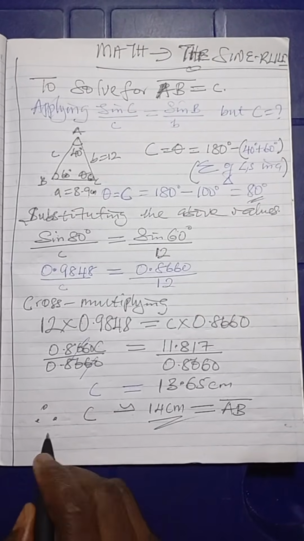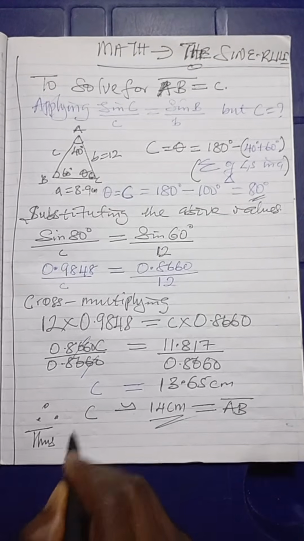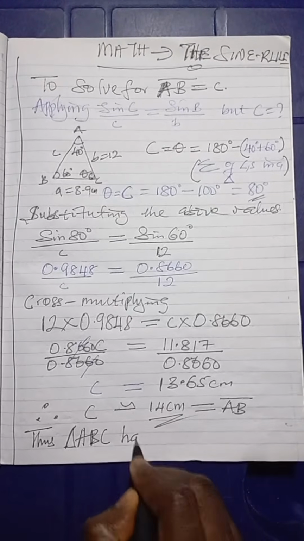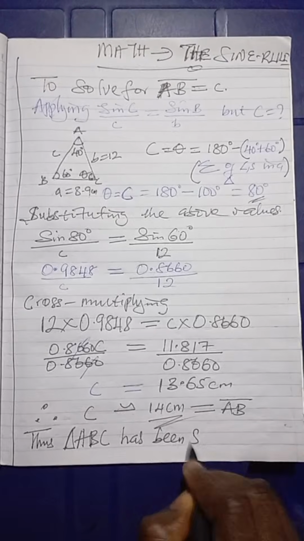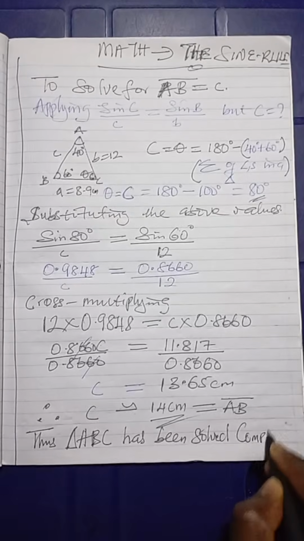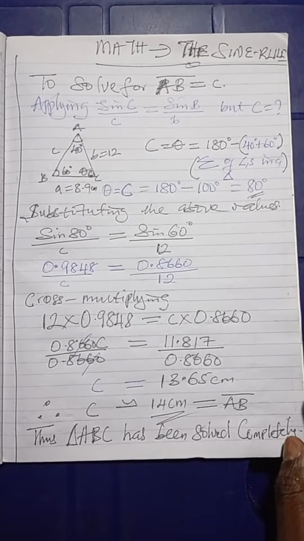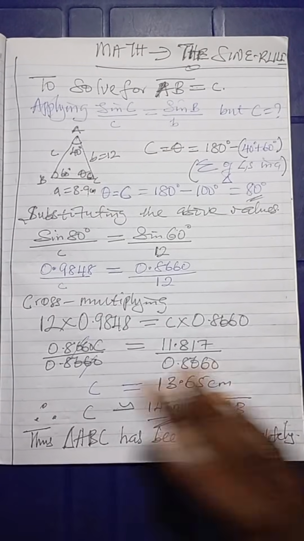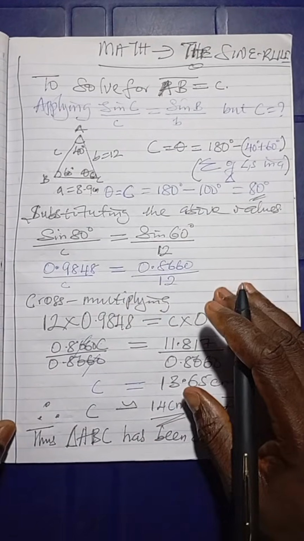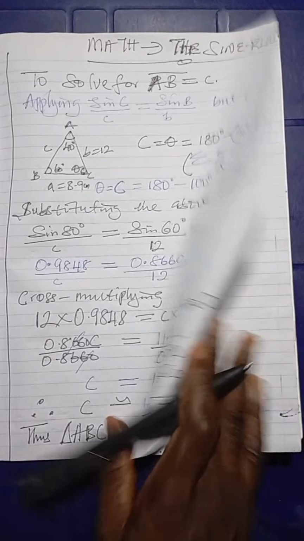Okay, so triangle ABC has been solved completely. Good. What I mean by completely is calculating all the sides as well as the angles. Okay. Good. Now let's solve example 2.